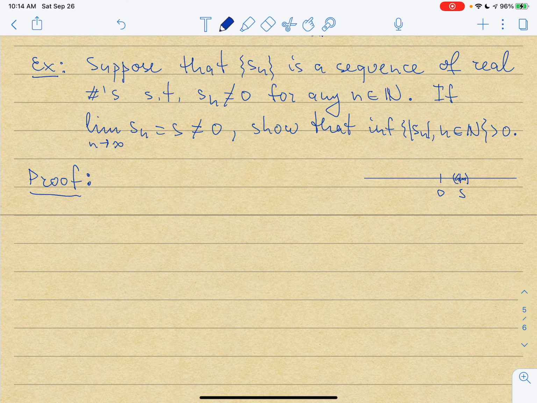So that means that it doesn't matter if I have a number with an index which is less than capital N or bigger than capital N, all S's would want to stay away from 0 in absolute value. Okay, so let's try to formulate this more carefully.